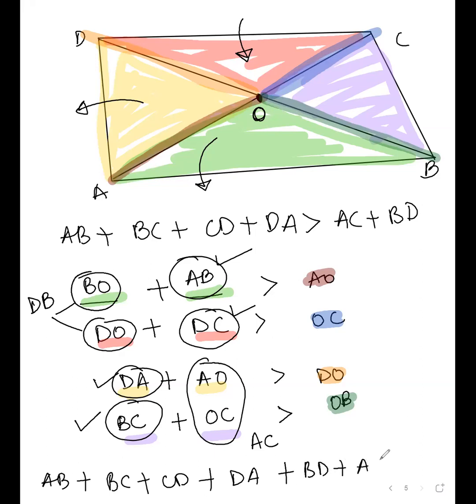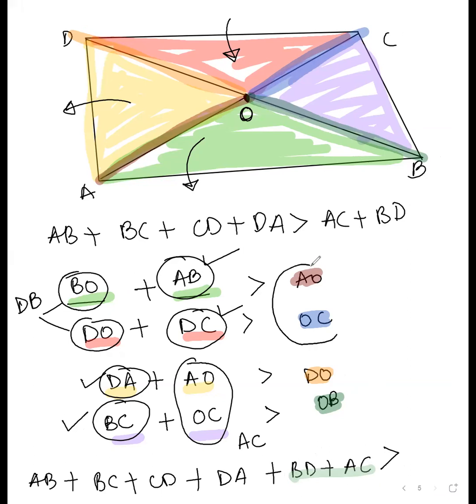These are something that are extra. Let's see what we can do about them. I'm going to underline it with some random color. This is the extra thing. Is greater than. Now let's see what it is greater than. So AO plus OC, when we add the right-hand side, is how much again?